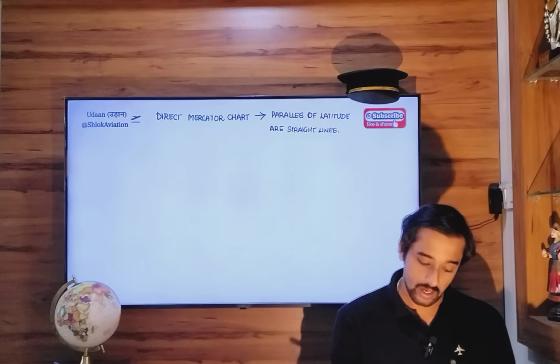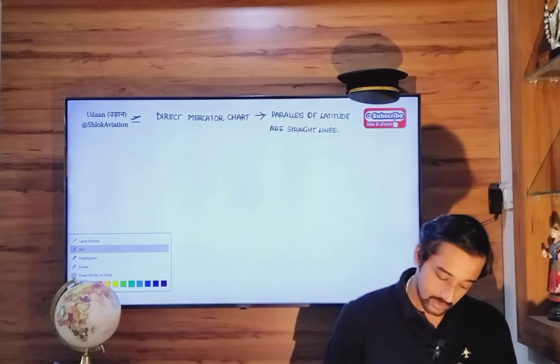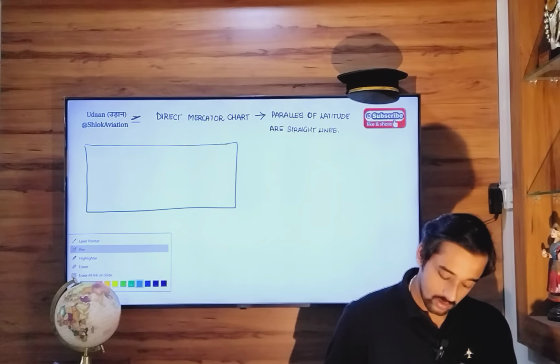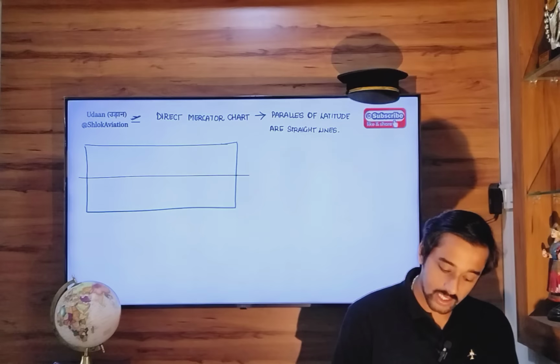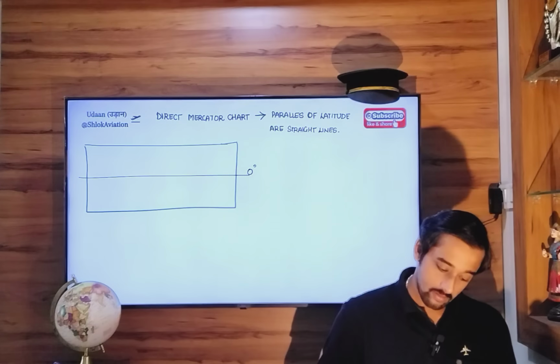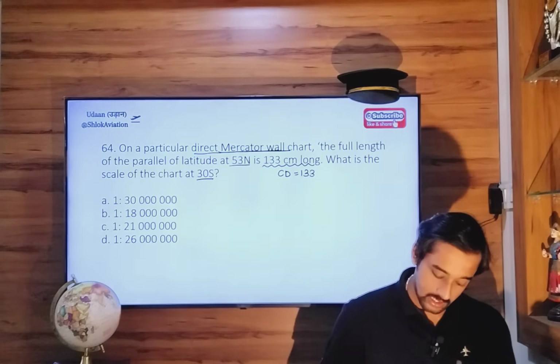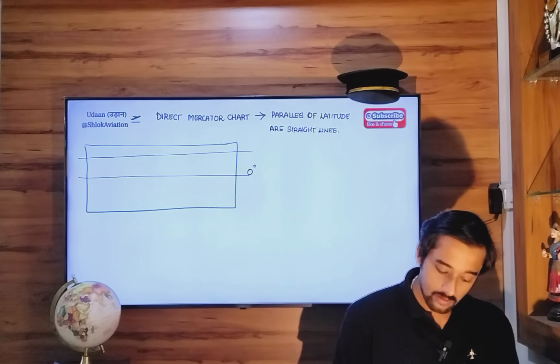Remember this. So if this is your flat representation of the Earth, this is the equator, one latitude is 53 north and the other is 30 south.